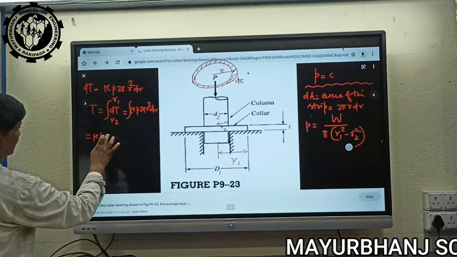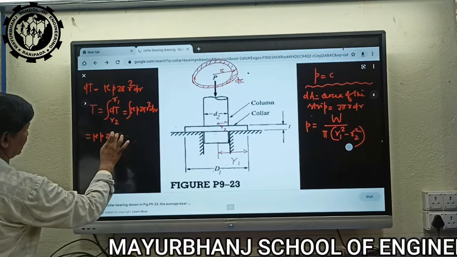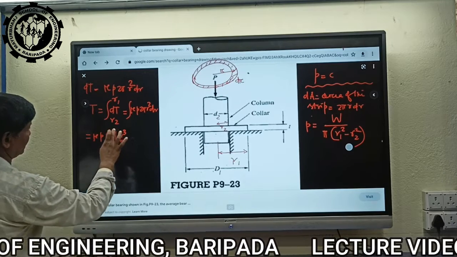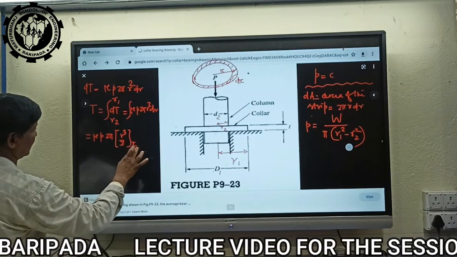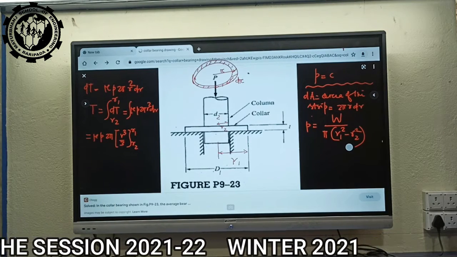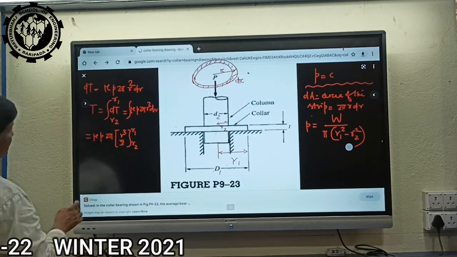So mu P 2 pi R cube by 3, limit R2 to R1. That is the value of T.